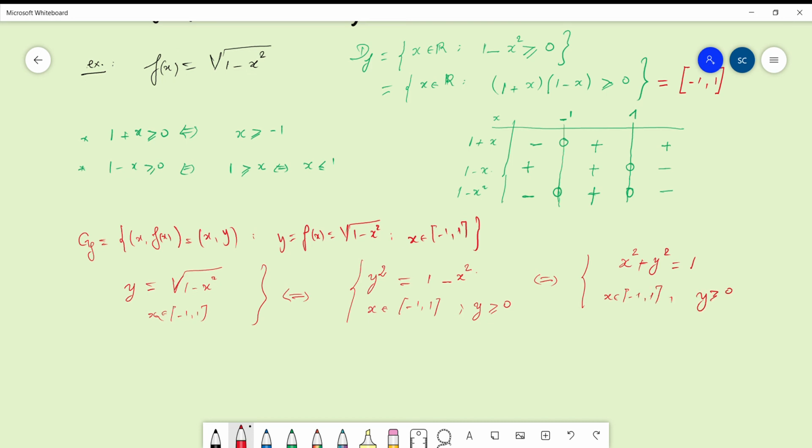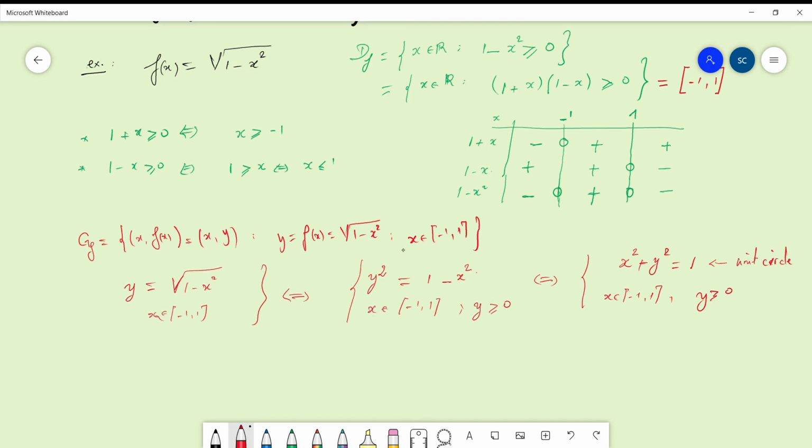Now, without looking at the second line, the first equation is the equation of the unit circle. The restriction y positive means that I need to consider only the upper half of the circle.